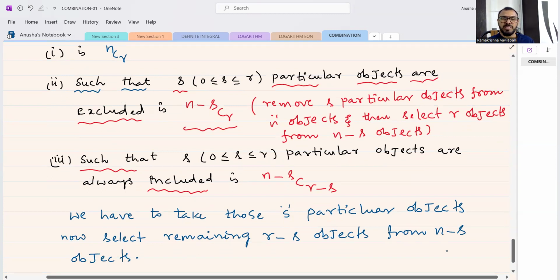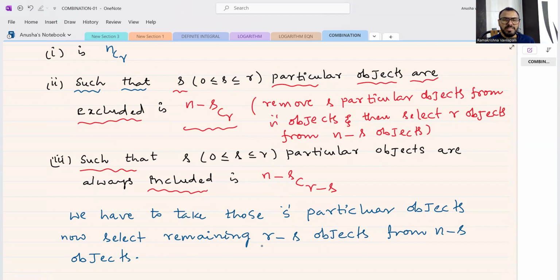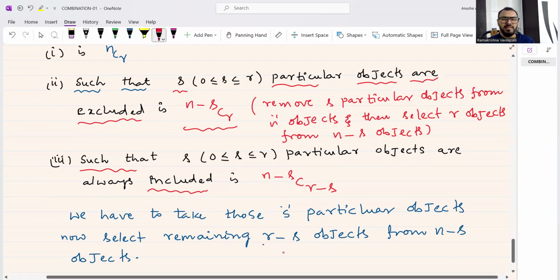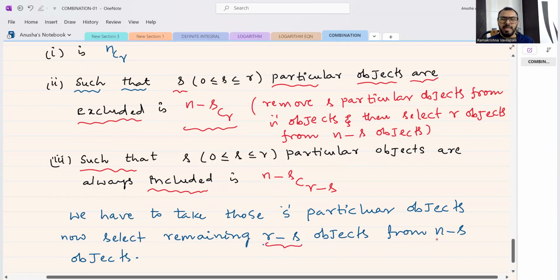So this can be done in, we have to select r minus s objects from the remaining n minus s objects.